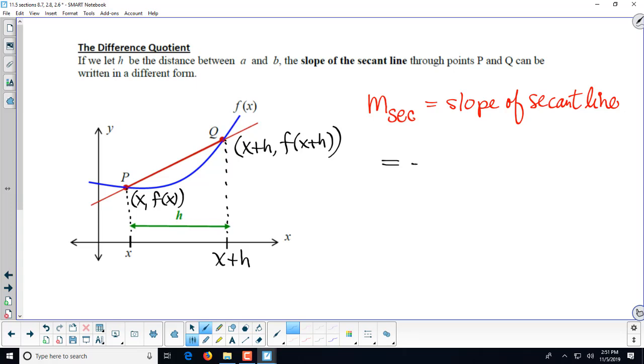So if I apply the slope formula, subtract the y coordinates. So f of x plus h minus f of x. And let's go downhill. And then subtract the x coordinates. X plus h minus h. So I'm subtracting the y's on top, subtracting the x's on bottom.